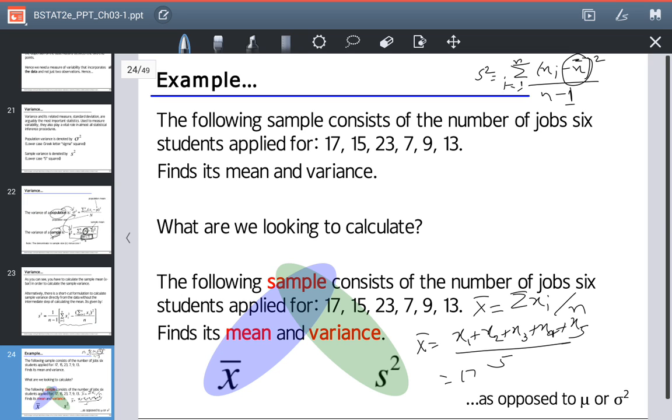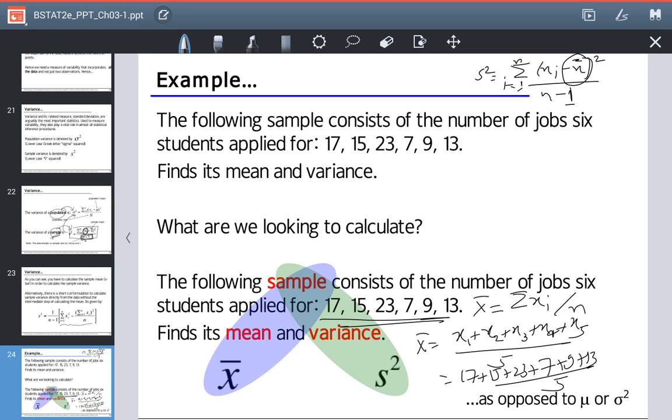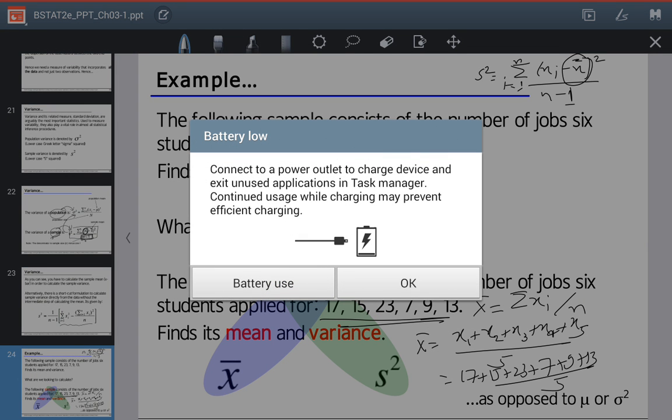So this is 17 plus 15 plus 23 plus 7 plus 9 plus 13 over 5 in these values. So let's find that out. Give me a moment. I'll bring up my calculator. So 17 plus 15 plus 23 plus 9.